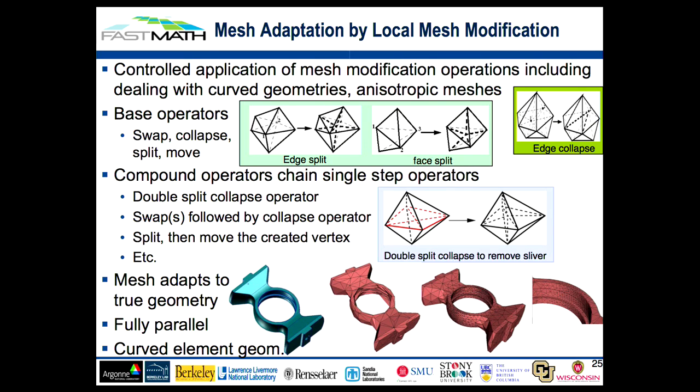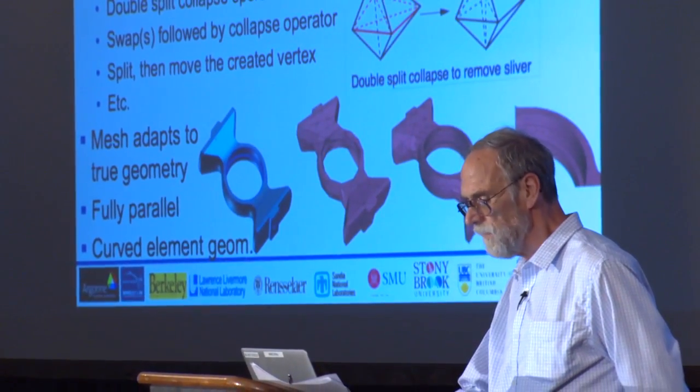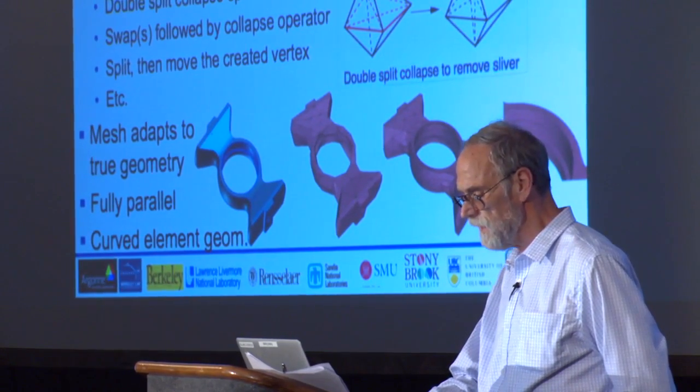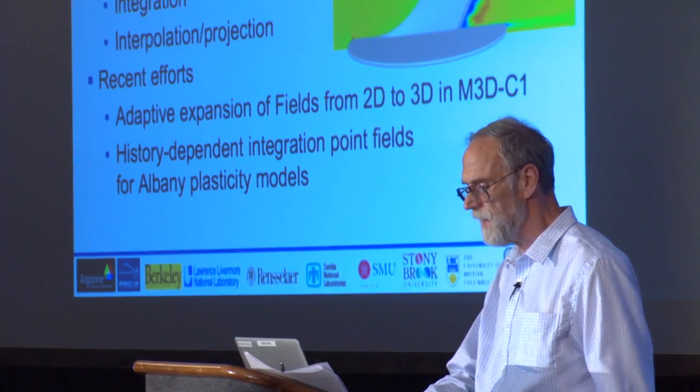You need to identify more specifically when you have situations such as a flat tetrahedron, and what type of flat tetrahedron. There's actually 3 different types. And then what is typically a compound operation to deal with those. And you find fairly quickly you're doing the equivalent of what a mesh generator does to begin with, including, as shown on the bottom, as I'm refining, I'm pulling things to the actual curved geometry of the CAD model.